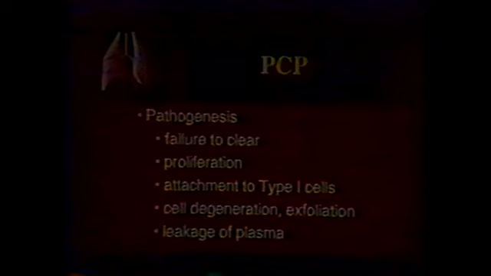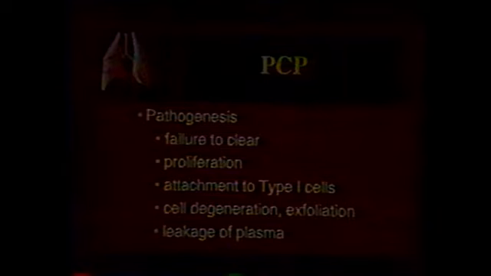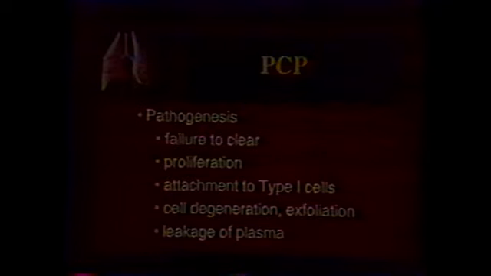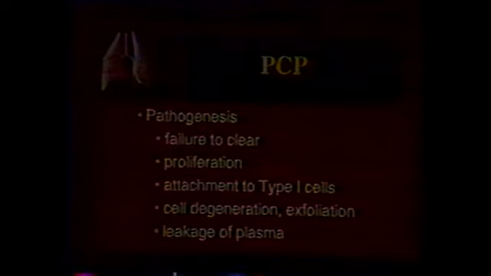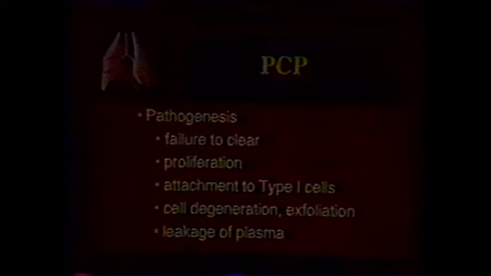If anything that happens that loosens that very tight cell-to-cell junction of the type 1 pneumocytes will now allow flooding of the alveoli with edema fluid. And that's very important in the pathogenesis of this disease because we know that the Pneumocystis organisms cause that damage and the cells contract a little bit and open that space up, and so that's why we get tremendous leakage of plasma into the lung.